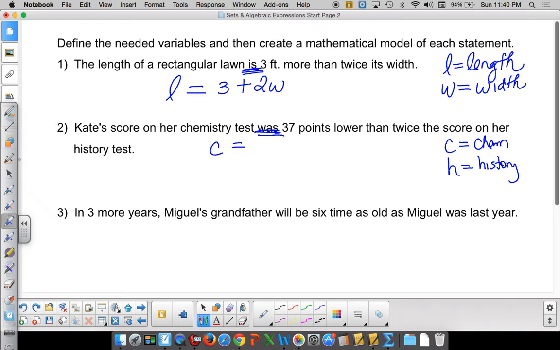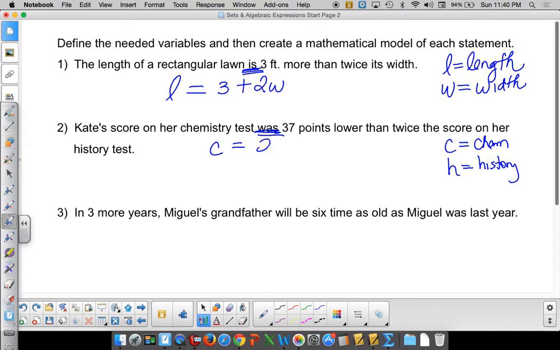Okay, it's 37 points lower. So lower means I'm going to have to subtract. So do I do 37 minus twice her history test? Or is it twice her history test minus 37? Well, it says it's 37 points lower than twice your test.